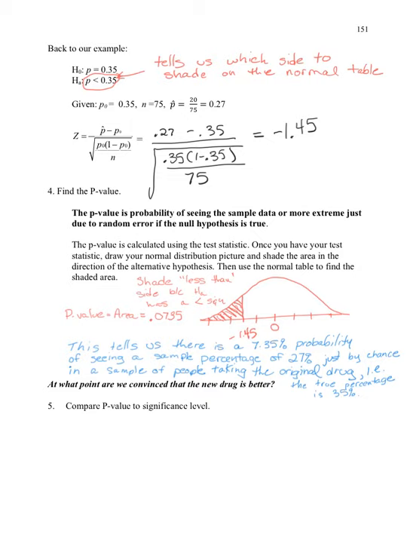And a lot more goes into the choice of the significance level. For example, is this new drug something really expensive, or is the new drug just another use for aspirin? So a lot goes into this that's beyond the calculations that we're doing right here.